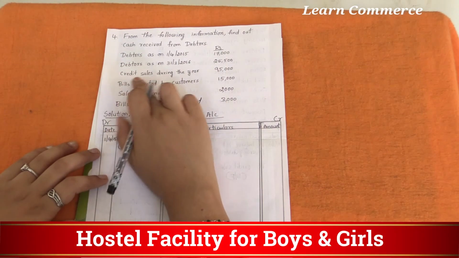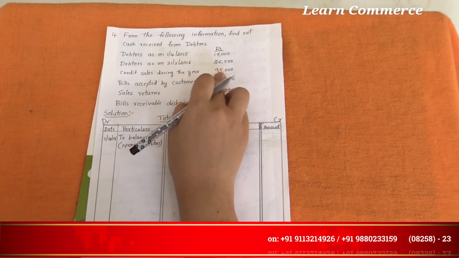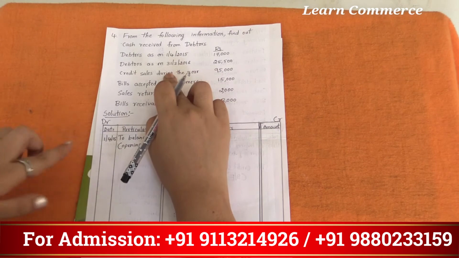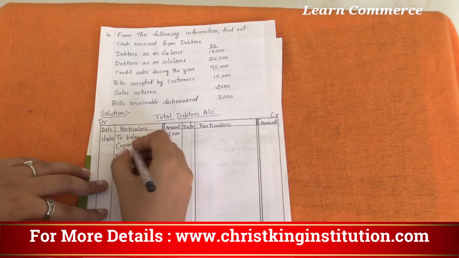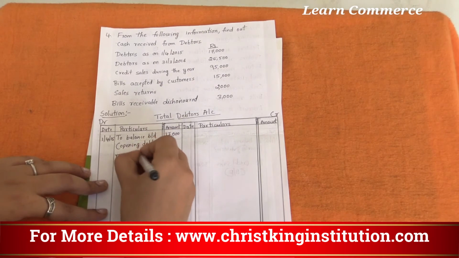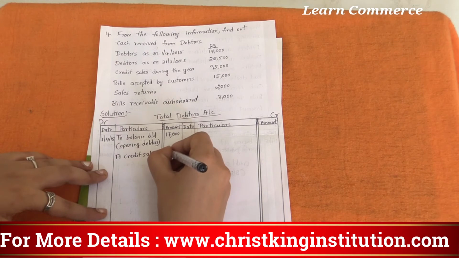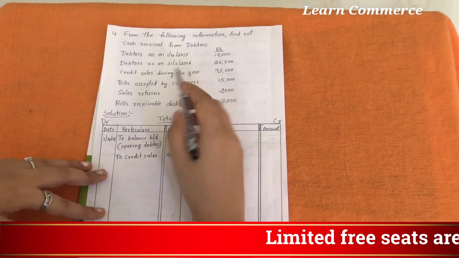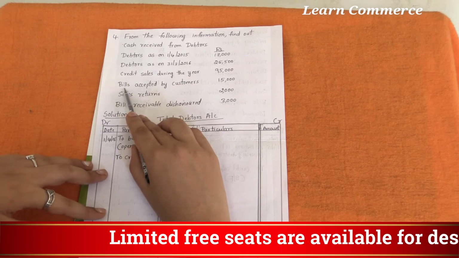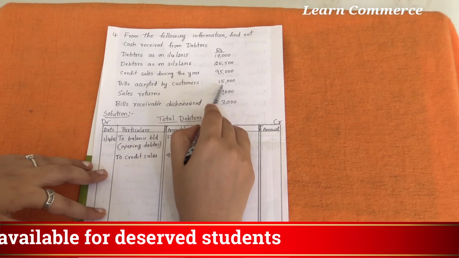Next one. Credit sales during the year 95,000. It should be recorded on the debit side, right? To credit sales 95,000. Next one. Bills accepted by customers 15,000.